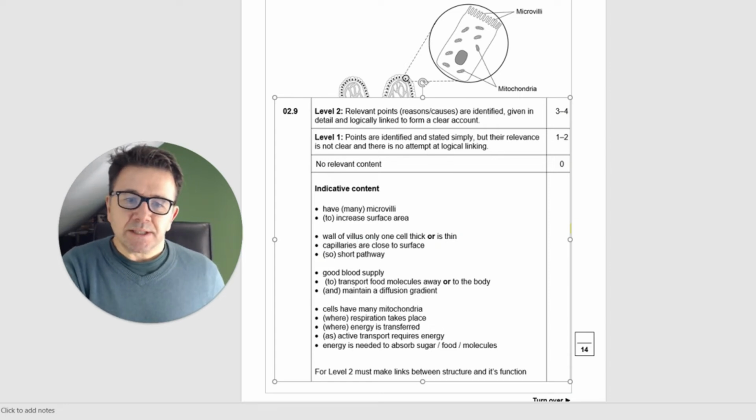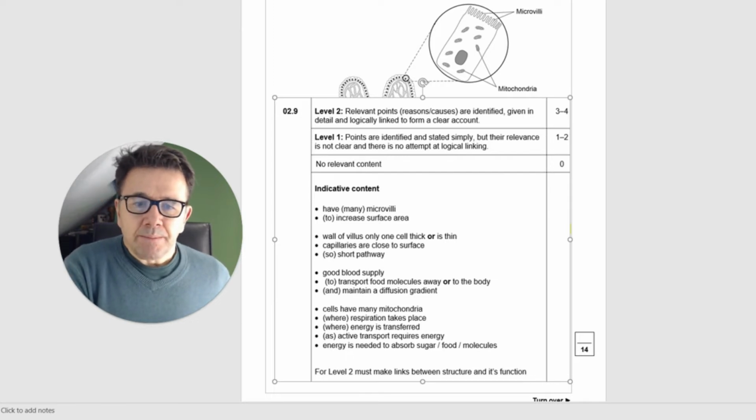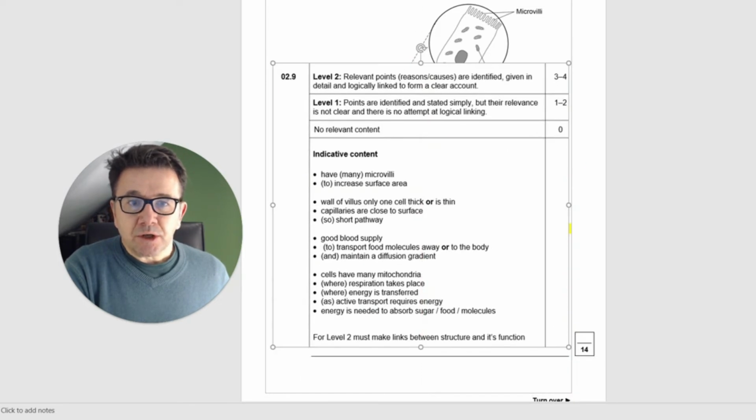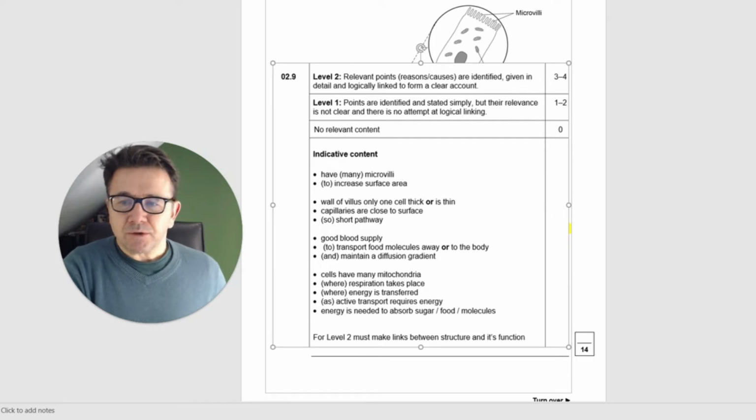Well, it increases the surface area and speeds up diffusion. The walls of the villus are only 1 cell thick, or very thin, so that means the capillaries are close to the surface, so you've got a short pathway through which the molecules can travel. You've got a good blood supply, so the blood supply is maintaining a diffusion gradient.